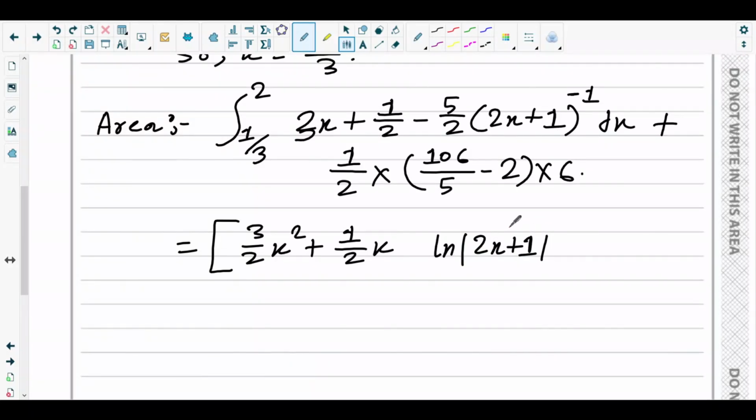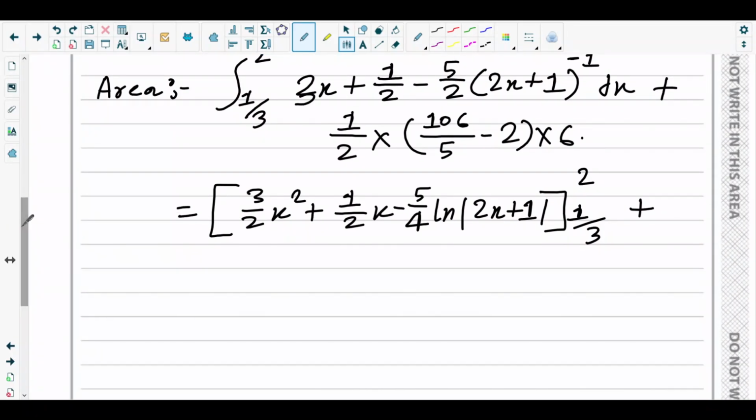Then differentiate the part within the modulus, which is 2, and use this 2 to divide -5 over 2. So we will get -5 over 4. The upper limit is 2, the lower limit is 1/3, and then plus this value.